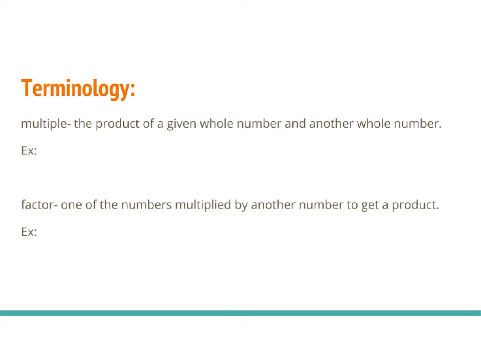And you might be sitting there thinking, well, I'm not really sure exactly what that is. Let me show you very, very simply. Just for examples, let's do the multiples of 2. So if I was doing the multiples of 2 here, I can get 2 times 1 is 2, 2 times 2 is 4, 2 times 3 is 6, 2 times 4 is 8, 2 times 5 is 10, and it just goes on and on.